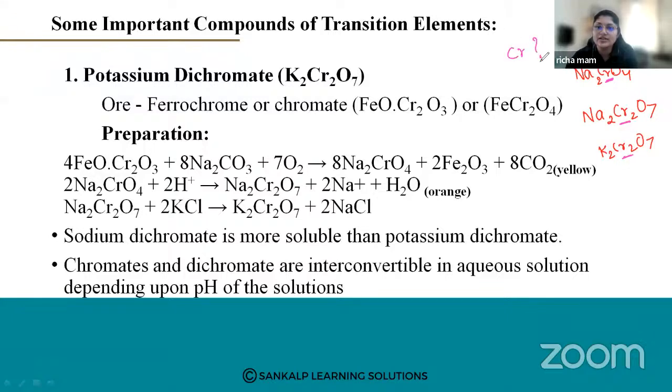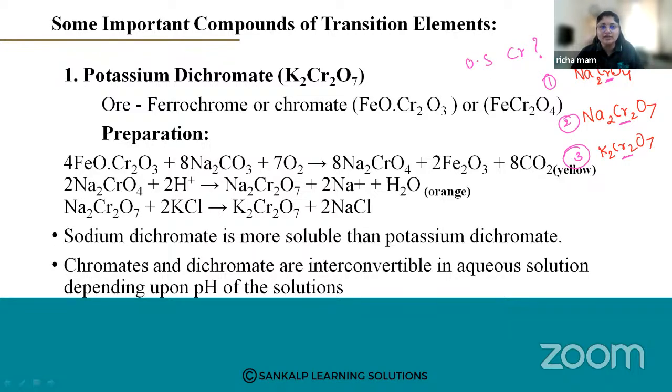Find the oxidation state of chromium in these. Do you have time still? No? Okay, fine, you can take this as homework: sodium chromate, sodium dichromate, and potassium dichromate. In the next class, I'll be asking you the oxidation state of these.